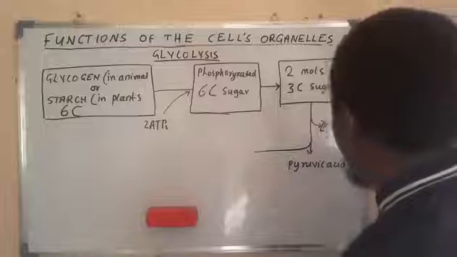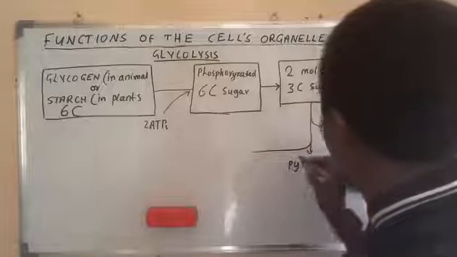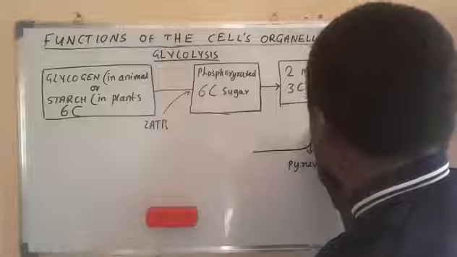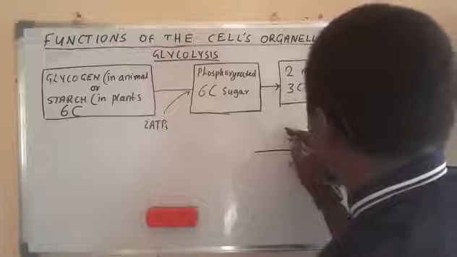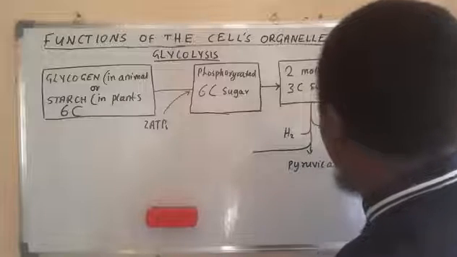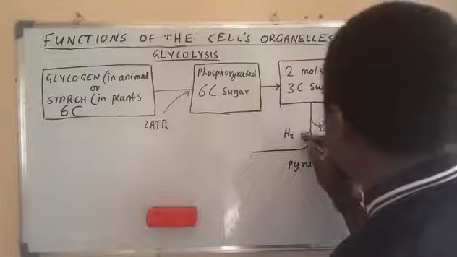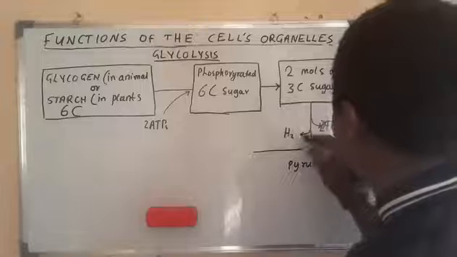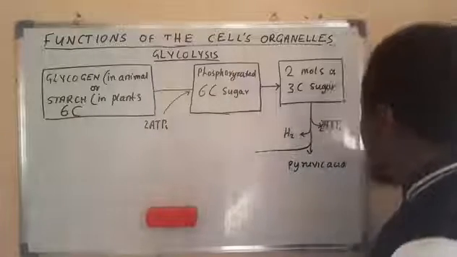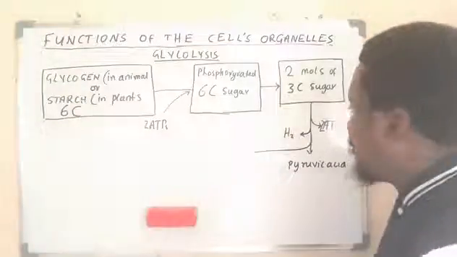ATPs here and 2 hydrogens will be liberated, and the process by which hydrogens are liberated is called dehydrogenation. That is the process by which hydrogen molecules are released from a particular compound.